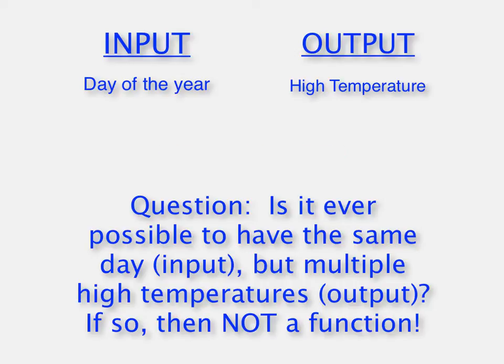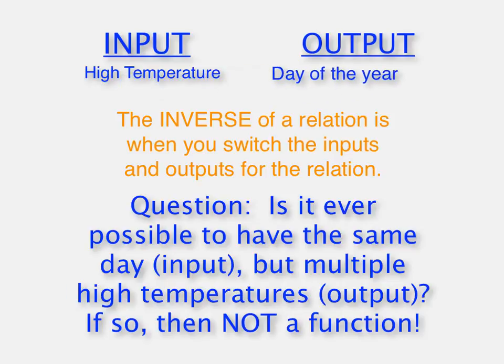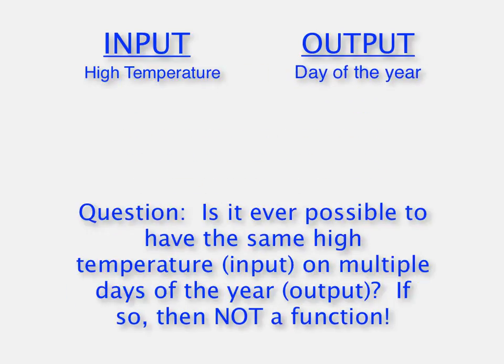Let's think about the inverse of that. The inverse happens when you swap the input and output for a relation. So what if we called the input the high temperature for a day, and the output would be the day of the year? Is it possible to have a single high temperature, but have that be the high temperature for multiple days of the year?